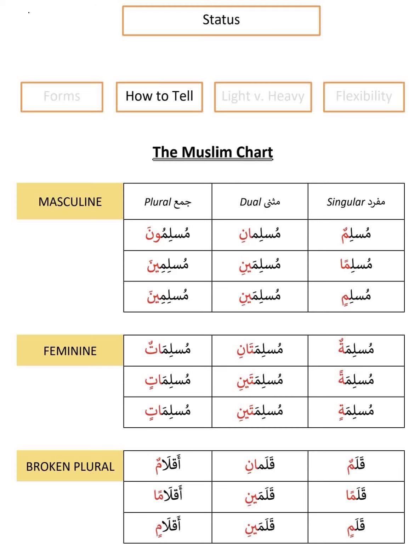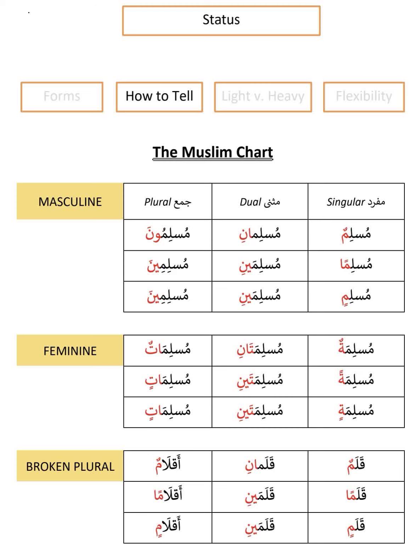And column wise, the first column represents singular, the second column represents pair, that is two, because Arabic has one and two, pair as well, and the third represents the plural, that is three or more. So that's how you need to remember this chart. Muslimun, Musliman, Muslimin, that is singular, rafa nasb jar.